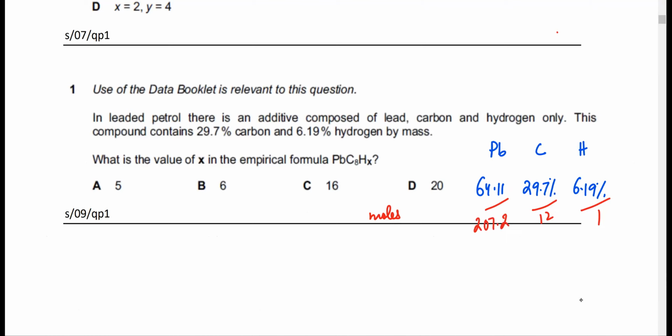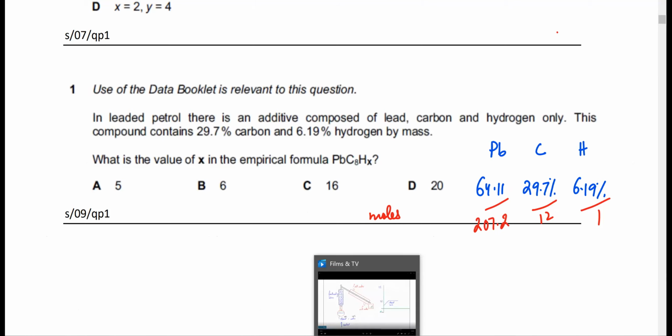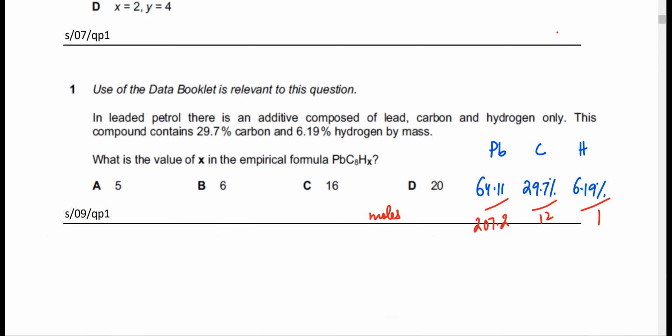Can anyone tell me what the values are? Isaac, can you try and do that? Anna? So lead's moles are 0.3094. Because we are just working, use as many decimals as possible.